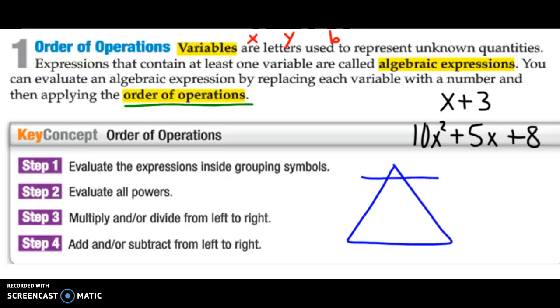So we always start at the top of our pyramid, and that first part of our pyramid is our parentheses. Parentheses is always the first part. Then we go into our exponents.